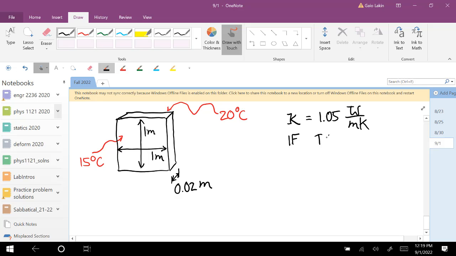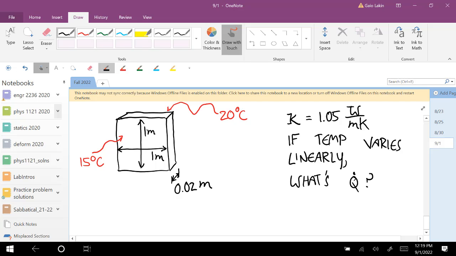So if the temperature varies linearly through the glass, what's Q dot?